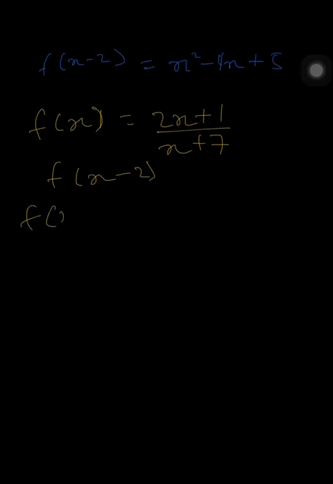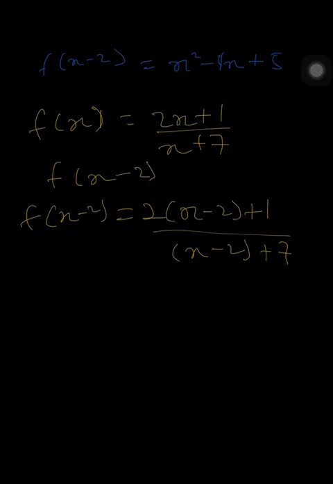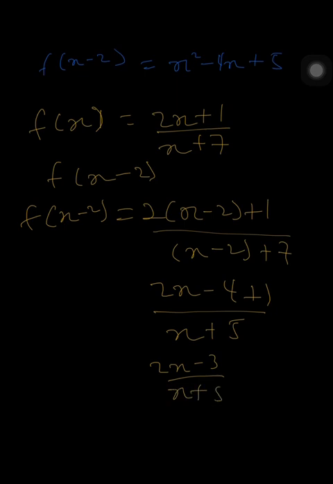So f of x minus 2 is going to be 2 times x minus 2 plus 1, all over x minus 2 plus 7. This is going to result in 2x minus 4 plus 1 all over x plus 5. This will give us 2x minus 3 over x plus 5 for our value of f of x minus 2.